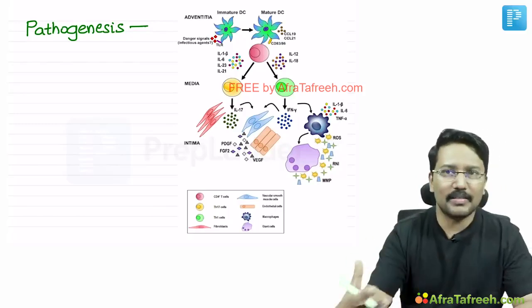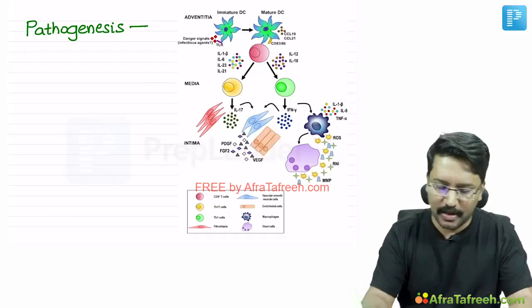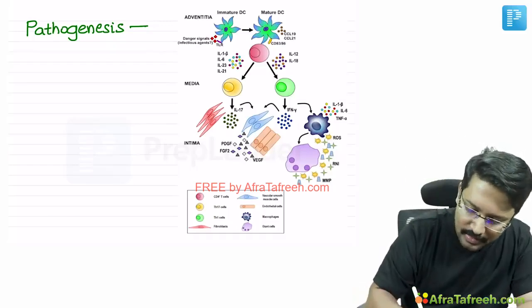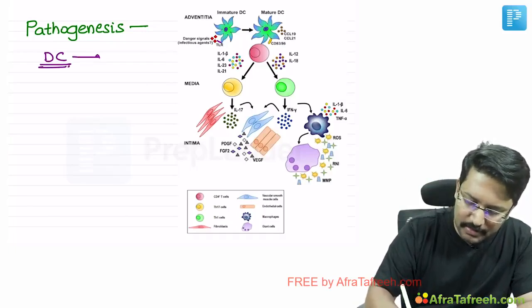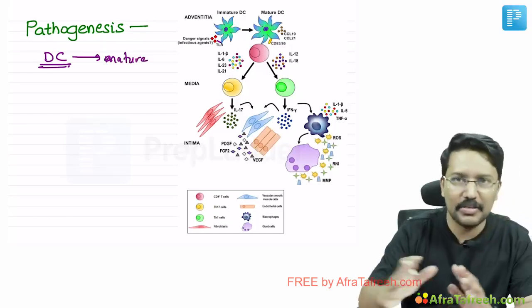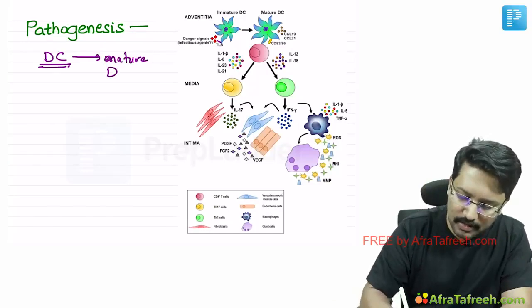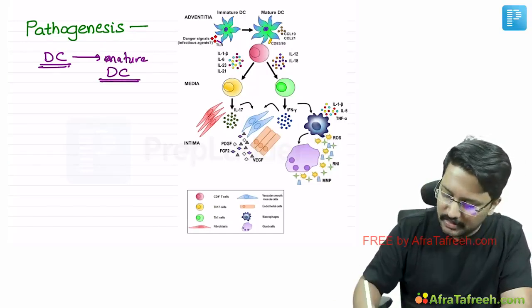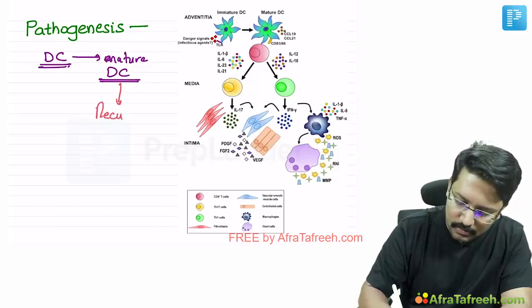What triggers the inflammatory event is not known, but one of the very initial steps is the activation of dendritic cells. Dendritic cells in the adventitia become activated, mature dendritic cells. That is the initial event, and what triggers this transition is not known. These mature dendritic cells then recruit CD4 positive T cells.